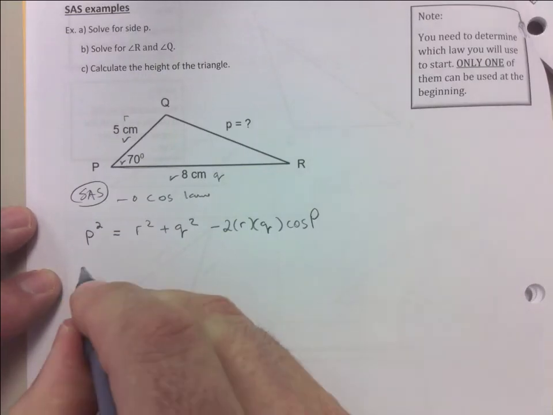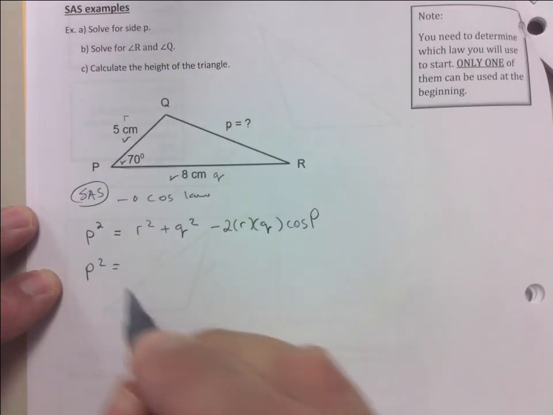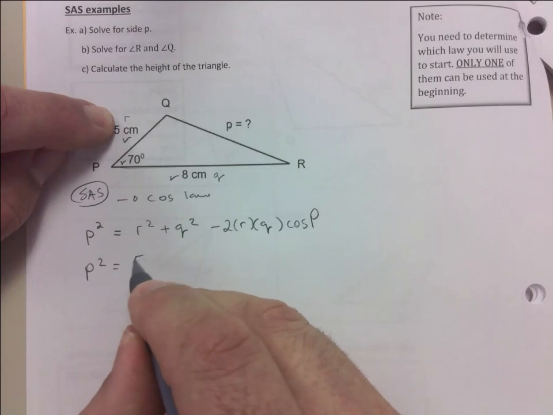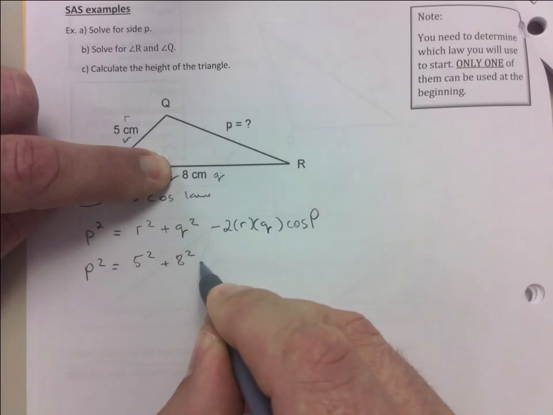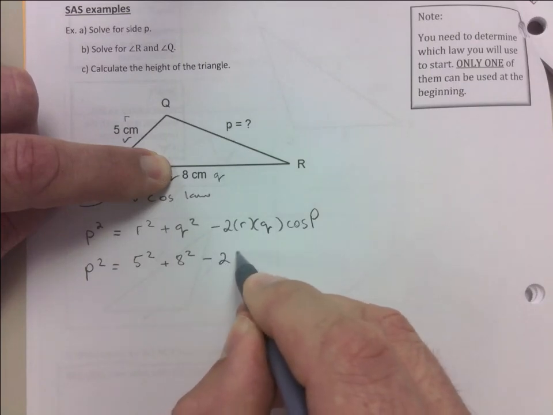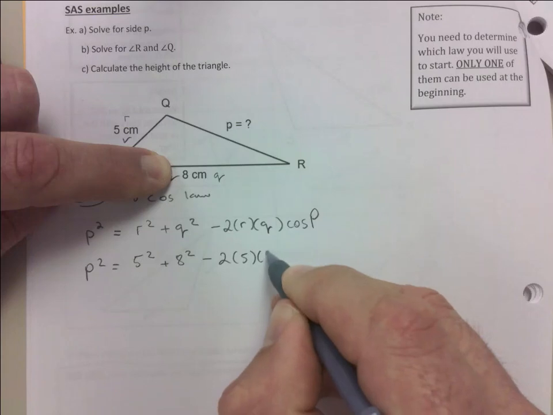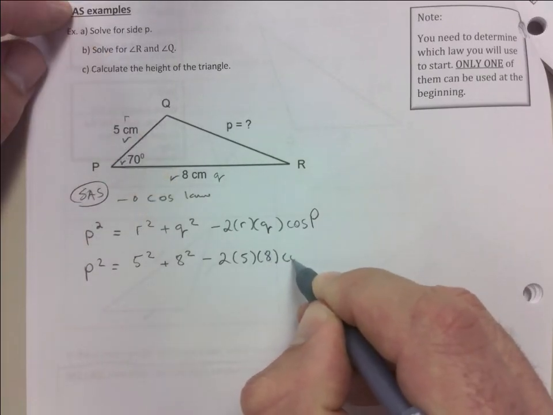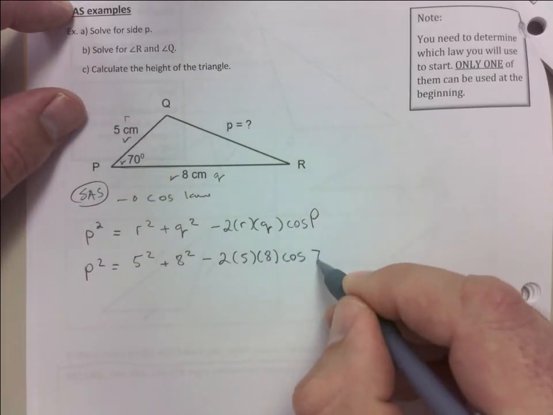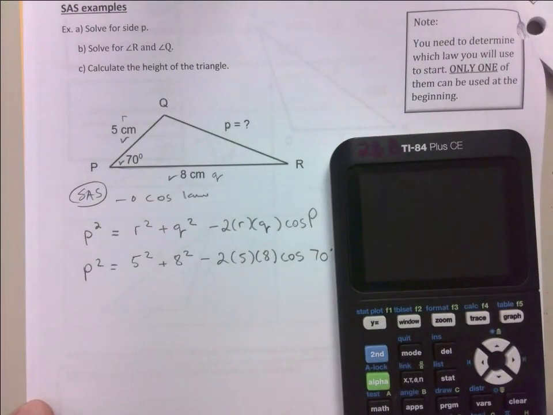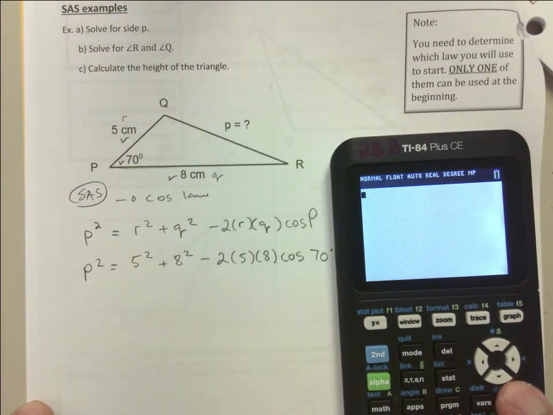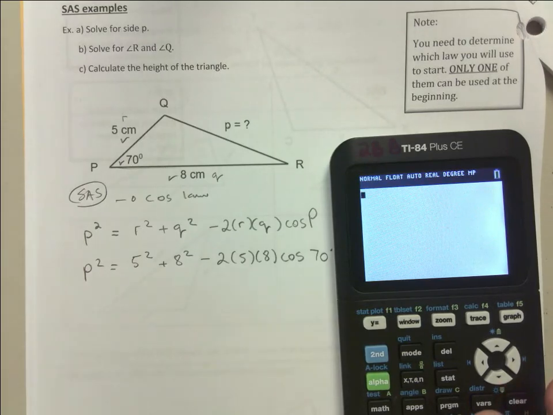So let's substitute this. P squared is equal to 5 squared plus 8 squared, minus 2 times 5 times 8 times cosine of 70 degrees. I use round numbers here, but these could all be decimals down the road. So this is where this calculator is really handy. You can do this all in one entry.